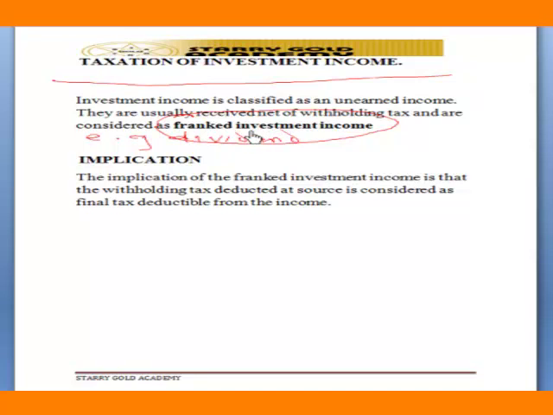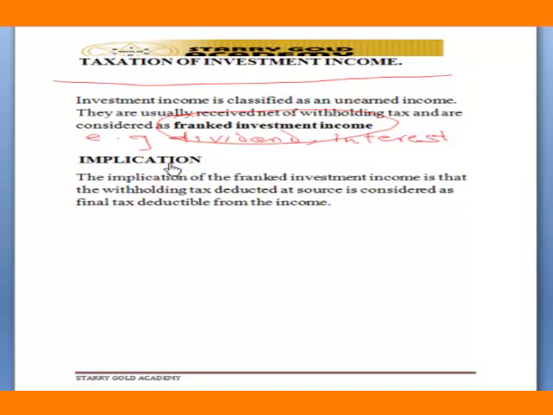If you pick up a dividend warrant, it is usually less withholding tax. Your dividend and interest, even your interest from your bank, is always less withholding tax. So because they have suffered tax at source, we call them franked investment income. So it will not be proper for you to tax them. Don't forget they are income, even though they are unearned income. So you bring them into the computation of personal income tax.